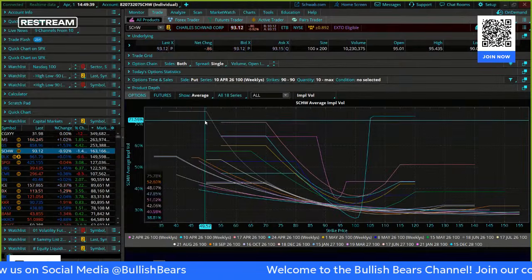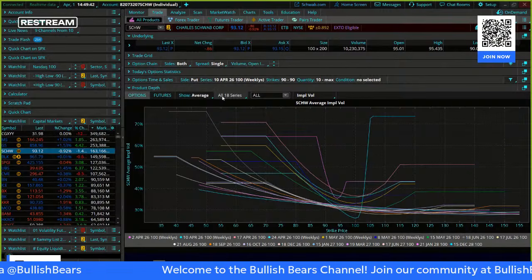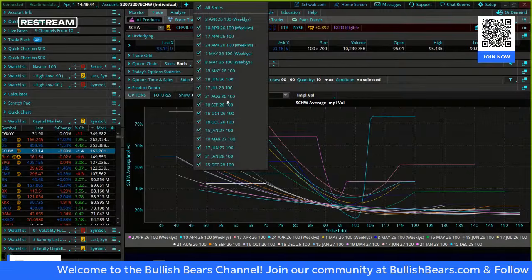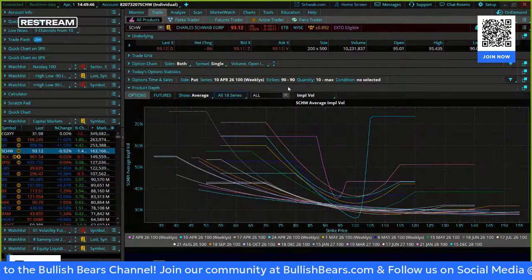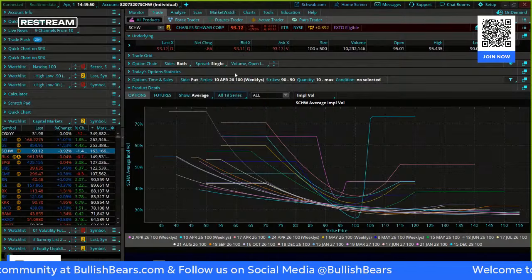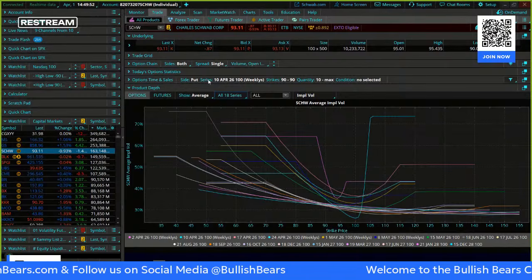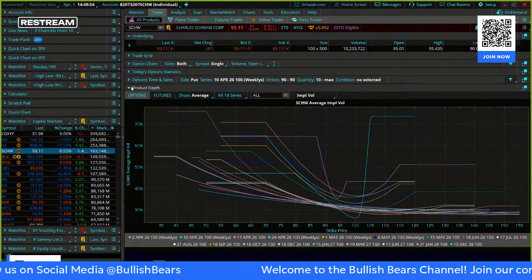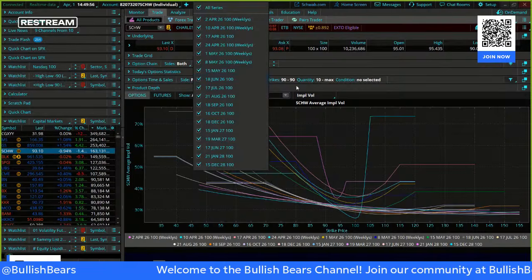If you're looking at April and there's a crap load of options at 90, then if we fade down into 90, we're going to have a hard time getting through that level. That'll act like a support level. It's pretty generic, but it works a lot.